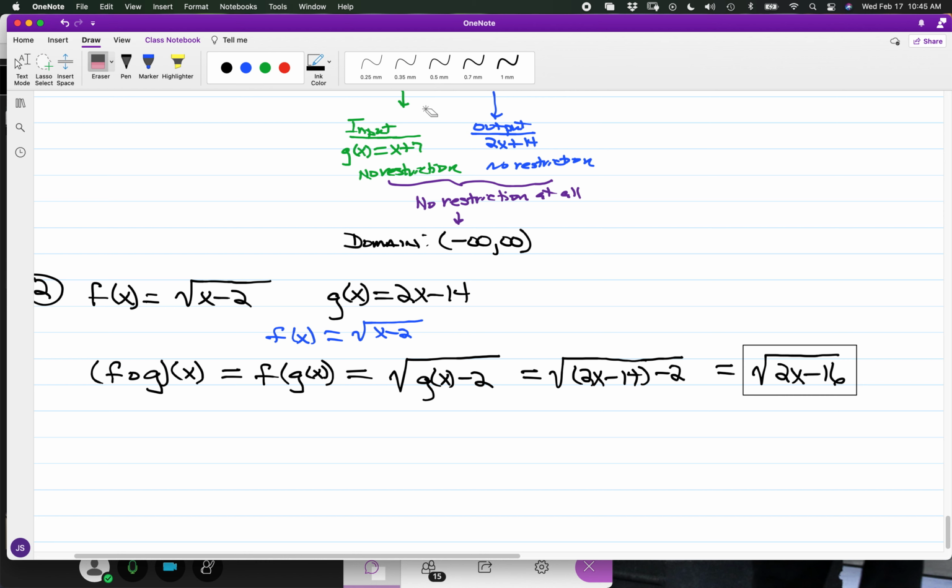And in the case, again, just going back to input, you have 2x minus 14. Again, this has no restrictions.